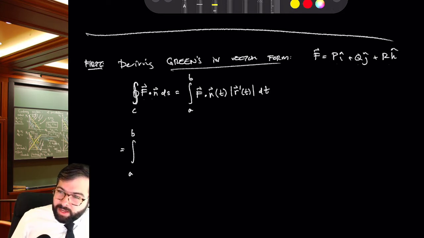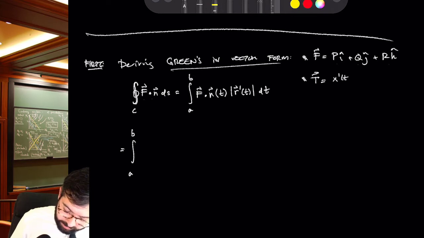And we know that this guy here, since the tangent in 2D is given by derivative of x over the magnitude of the vector function i plus derivative of y over the tangent vector.